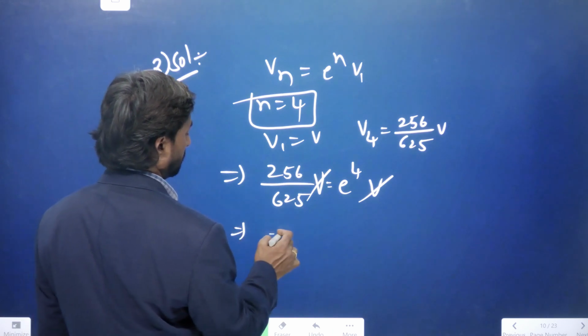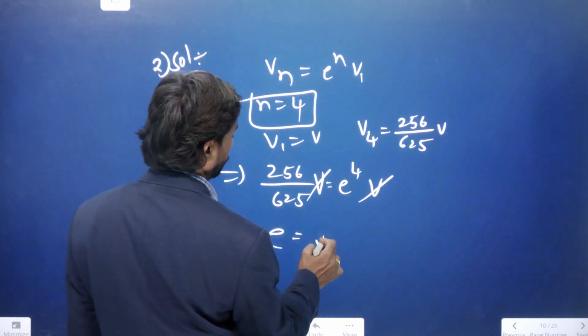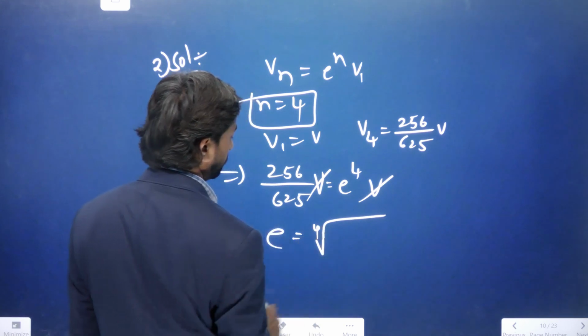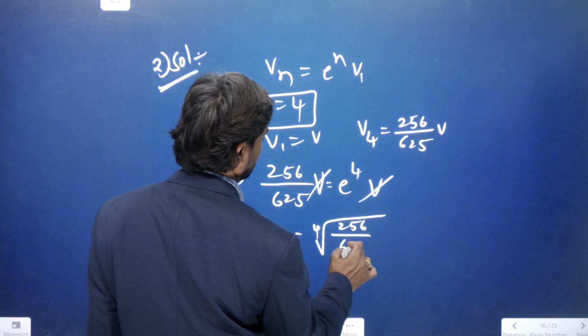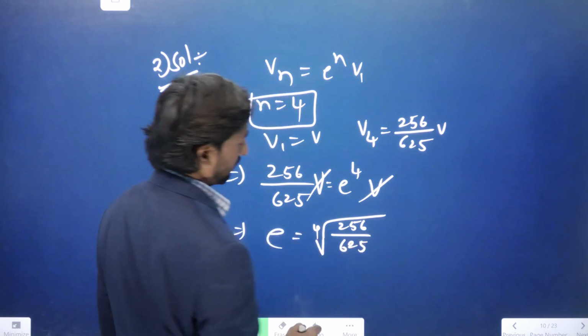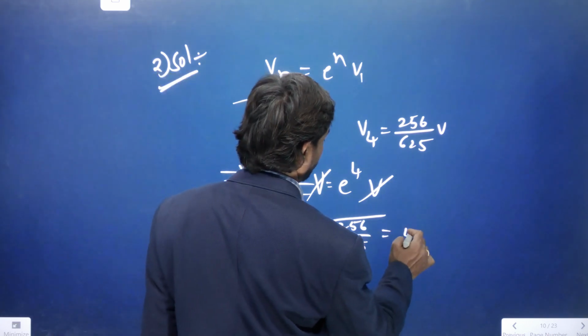Now if we want to find e, what can I do? e is equal to the fourth root of 256 divided by 625. How can you write this?